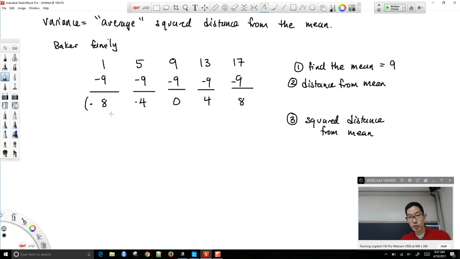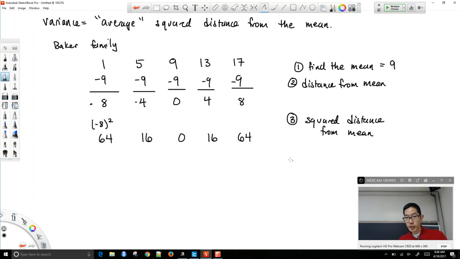Anytime you square a negative number, you get a positive number. So we get 64, 16, 0 squared is 0, 4 squared is 16, and 8 squared is 64. These are our squared distances from the mean. So far so good?